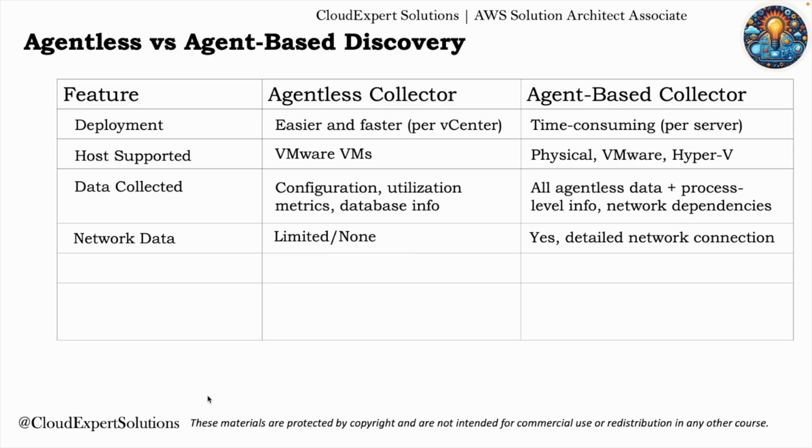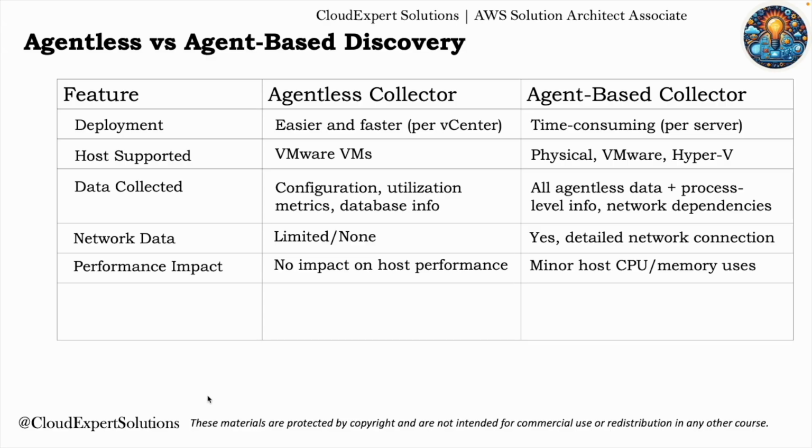However, the agent-based collector will provide you a detailed network topology diagram and also the network port and protocol information. Next is performance impact. Since you are not installing anything with agentless, there is no impact on host performance. However, for agent-based, there will be minor CPU usage on the host server.